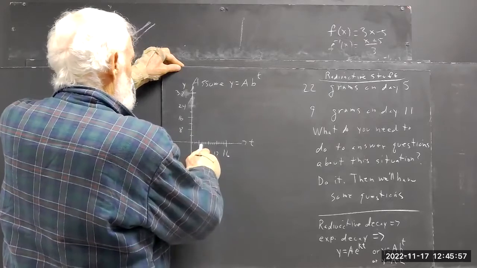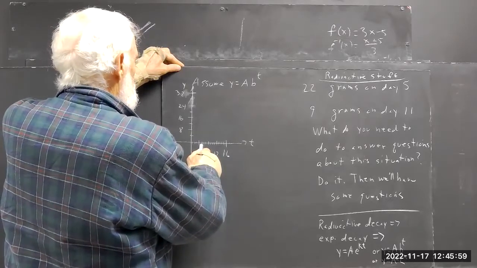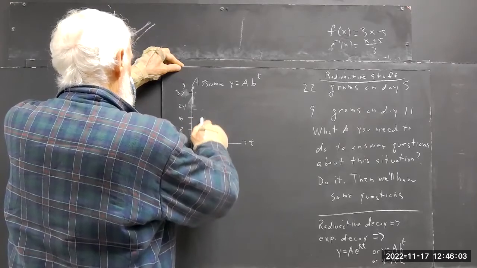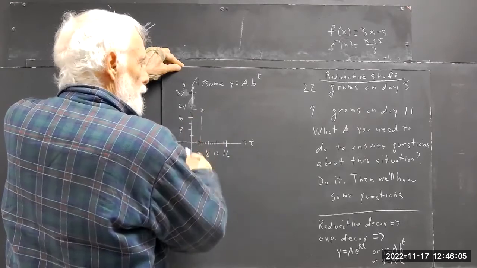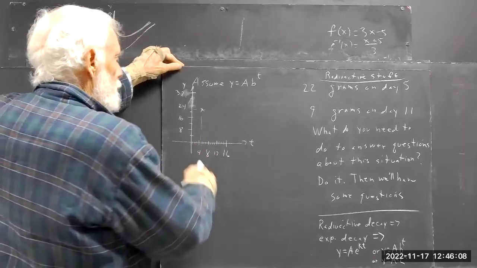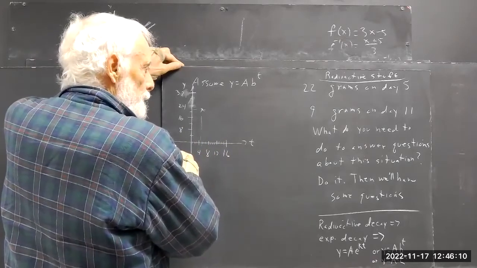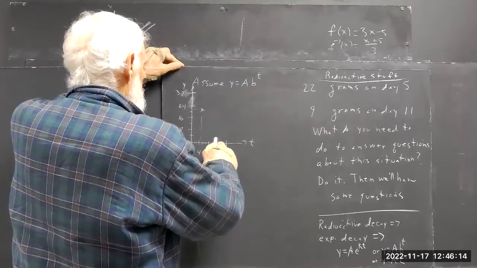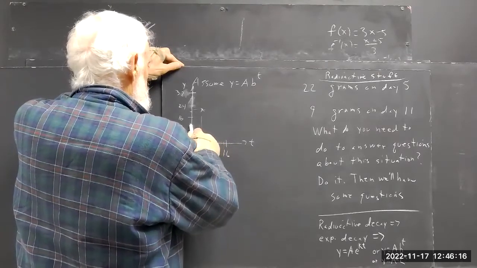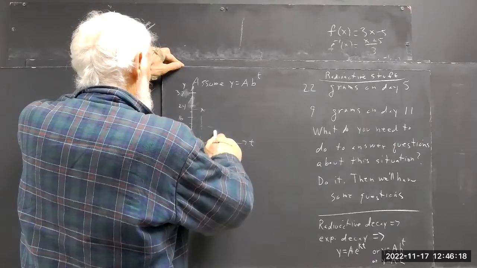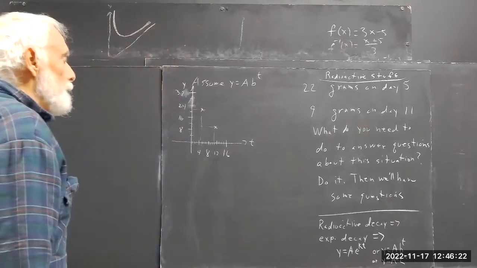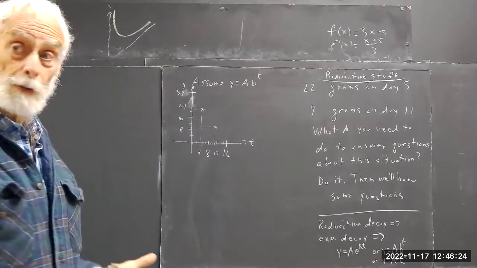On day 5, which would be here, I've got 22 grams, which is right between 20 and 24. Doesn't take long to slop down a graph. And then 9 grams on day 11. Day 11 would be right here, and 9 grams would be here. So 9 grams, day 11, it's here. And now you draw an exponential curve.